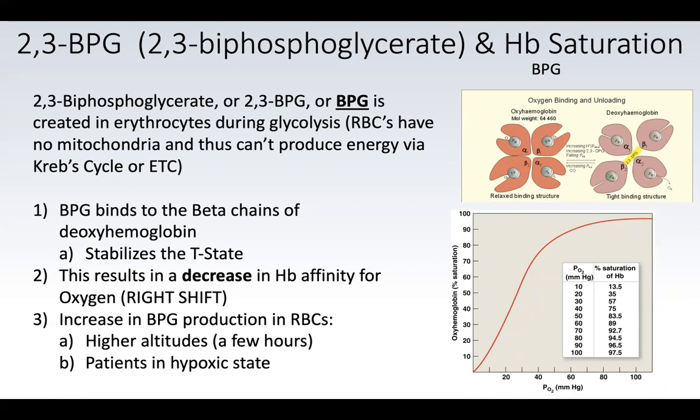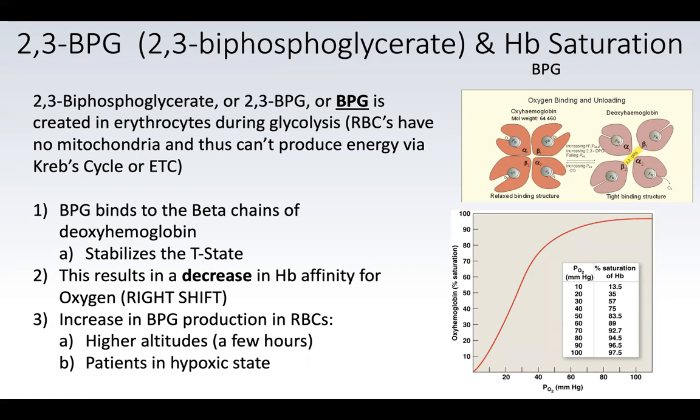So in a tight binding structure, 2,3-BPG will keep this deoxyhemoglobin in a state that will not want to bind oxygen. This is what will help with the compartmentalization and separation of arteries from veins in the systemic circuit, and also make sure that we don't undo what we just did as we're trying to properly deliver oxygen and carbon dioxide to the appropriate organs in the body.